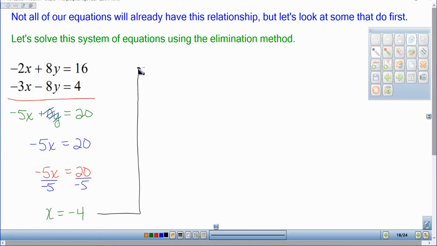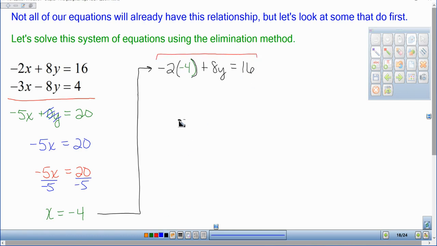I'm just going to use the top equation. So now it's going to say negative 2, but instead of x, it's going to say negative 4, plus 8y equals 16.